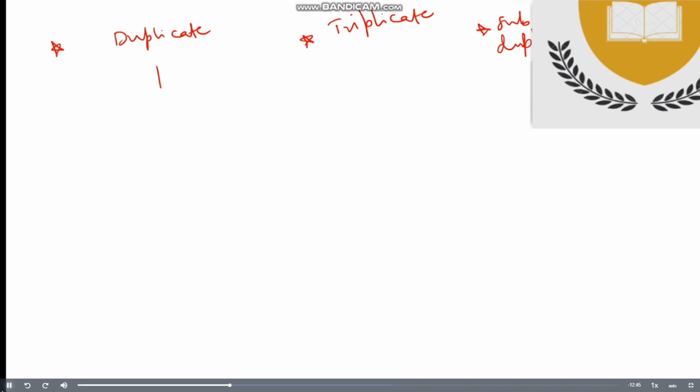Again, a few more quick revision points: duplicate, triplicate, subduplicate and subtriplicate. Duplicate is the square. A is to B, duplicate is A square is to B square.